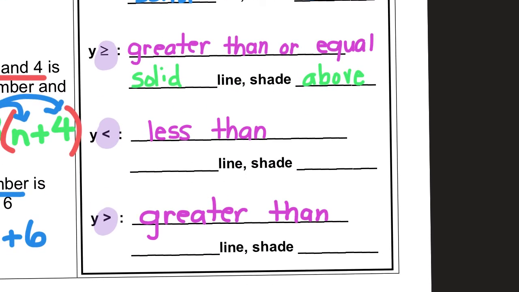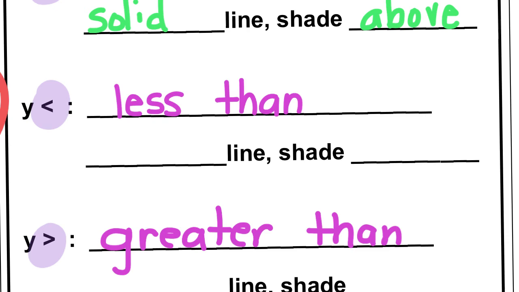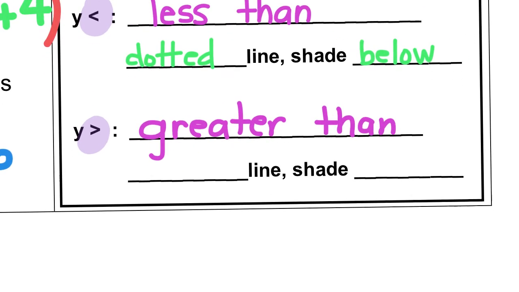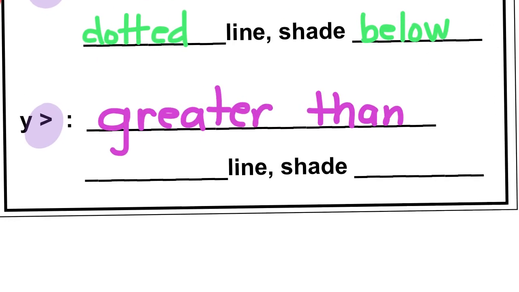When we have less than, the number would not be included in the function, and therefore it would be a dotted line and it would be shaded below. Lastly, we have y is greater than, and it would also be a dotted line. However, it would be shaded above.